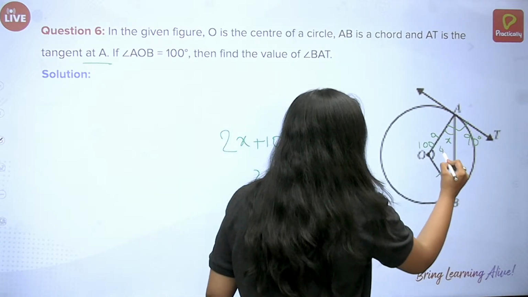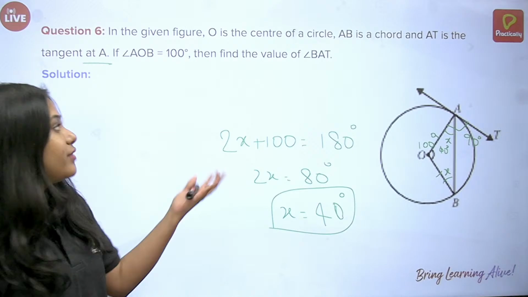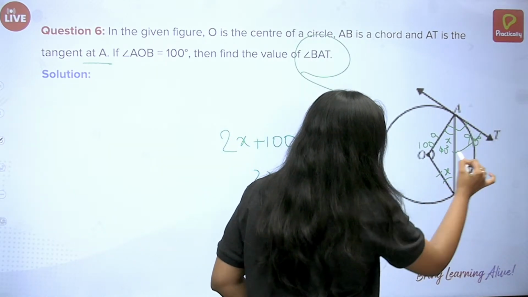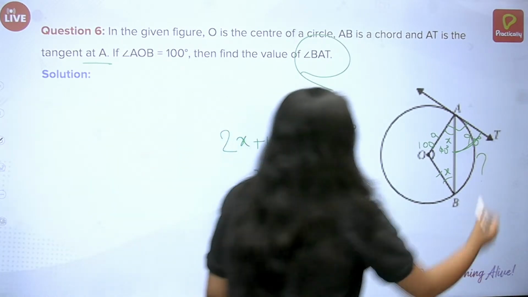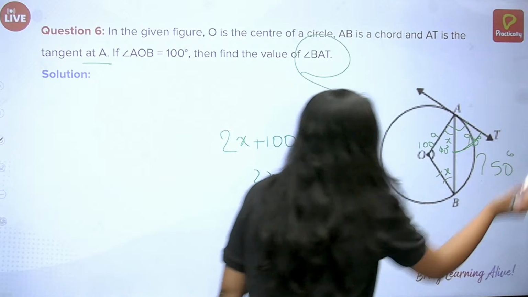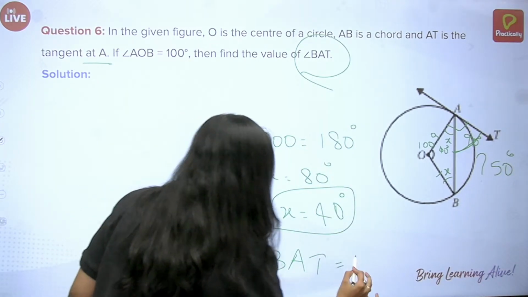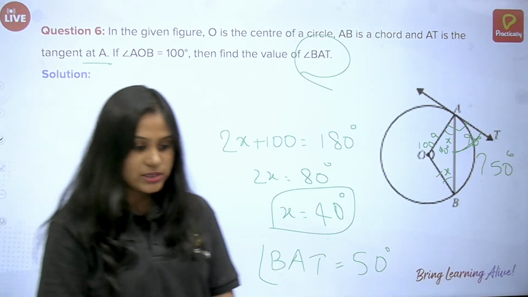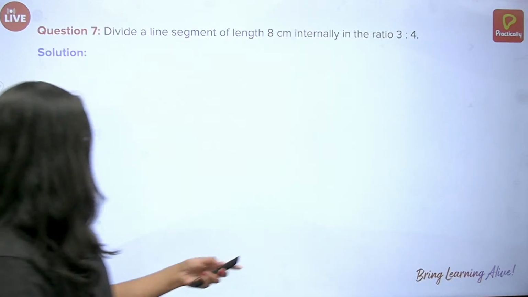So, this angle is 40 degrees. But what should we find? BAT. So, this angle is how much? 90 minus 40, 50. Very good, Saira. So, angle BAT is 50 degrees. Very easy. One of the most simple questions of today. Let us go to the next.